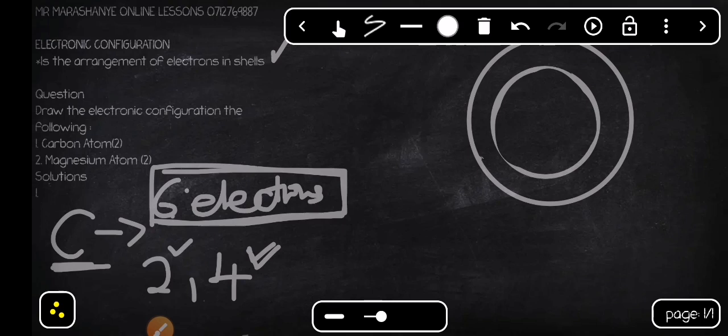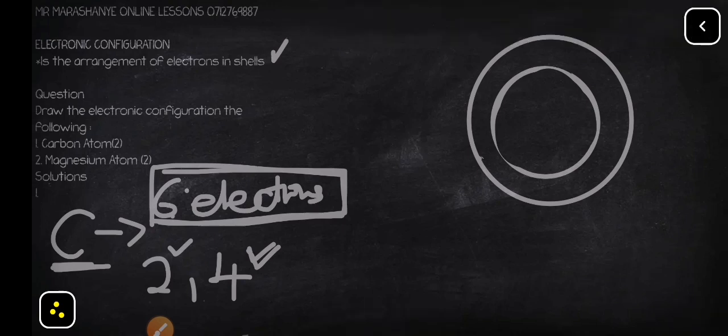Then after that, I'm going to put electrons in shells. For the first shell, which is this one, I'm going to put the electrons, and it must not exceed 2, because the first shell holds a maximum of 2. So just the element symbol here, which is carbon, represented by C. I'm going to put 2 electrons, 1, 2.